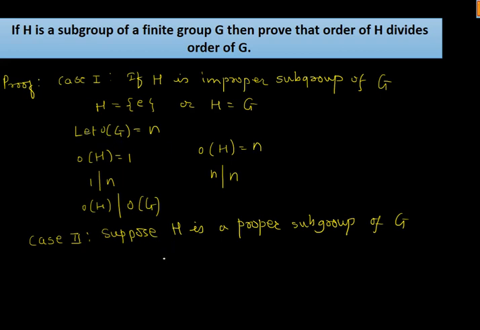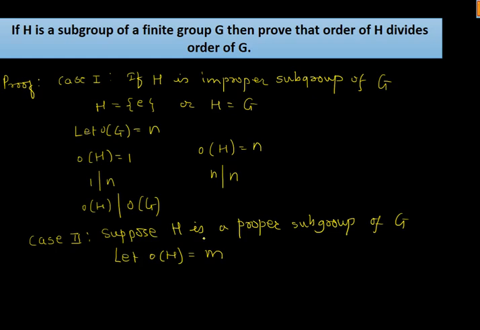Now this is a proper subgroup, therefore I am considering its order. So let the order of H be equal to something which is less than n because it is proper. I denote that order by m. So let the order of H be equal to m. Now we'll prove this case by using the concept of cosets.